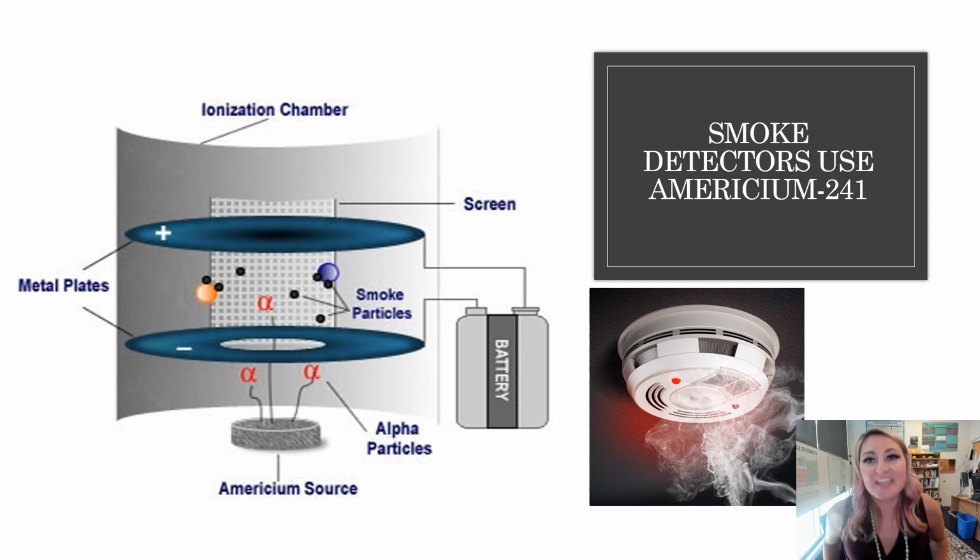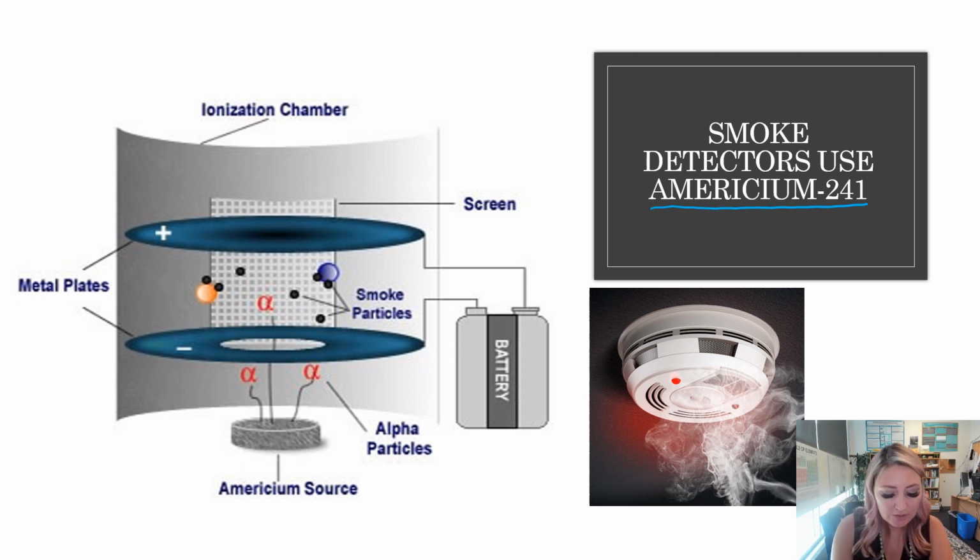One of my favorite applications of alpha particle emission is the use of alpha emitters in smoke detectors. Smoke detectors use americium, a radioisotope. It's americium-241. When americium is in the smoke detector, the decay, when it's emitting alpha particles, is going to create an electric current.